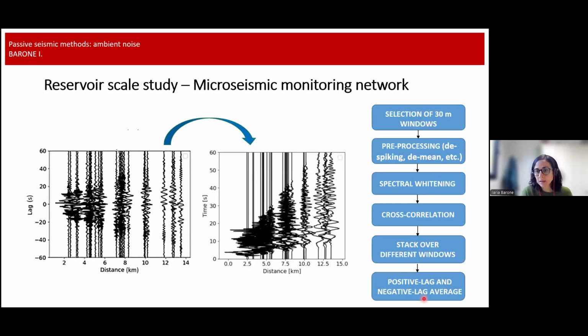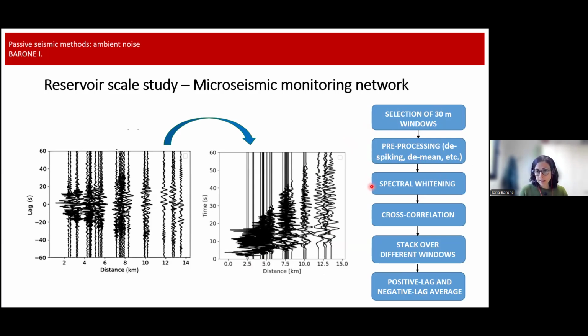And this is the processing flow that we have applied to get the cross-correlation functions. We have analyzed windows of 30 minutes with an overlap of 15 minutes. For each window, we have applied a pre-processing that includes the removal of the mean, the removal of the response of the sensor.